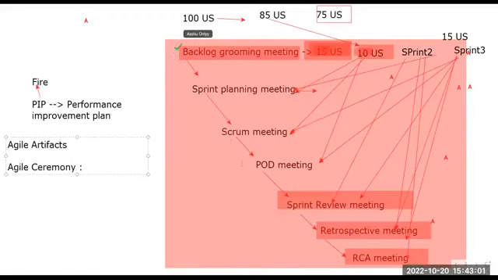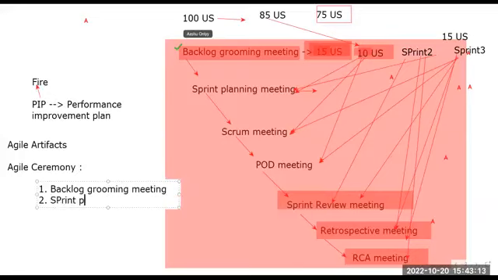So you have to explain these meetings only. So what agile ceremonies do we have? We have the backlog grooming meeting, then the sprint planning meeting, then the Scrum meeting.